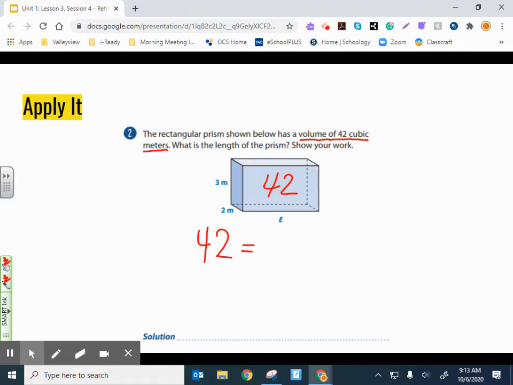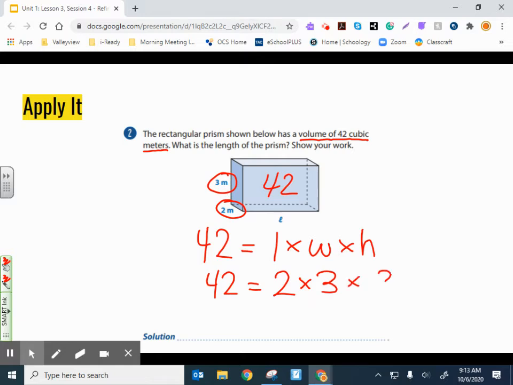We know that volume is length times width times height. It looks like it gives us 42 equals 2 times 3, but we have a mystery number here. We don't know what this is.